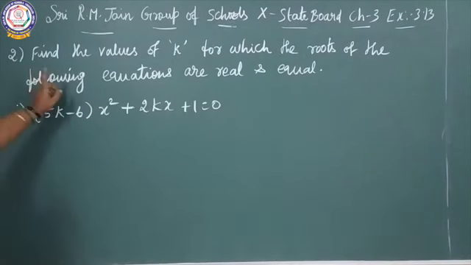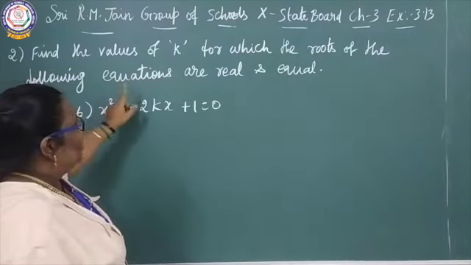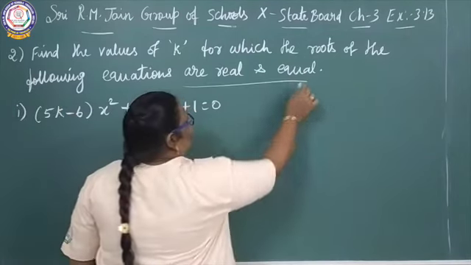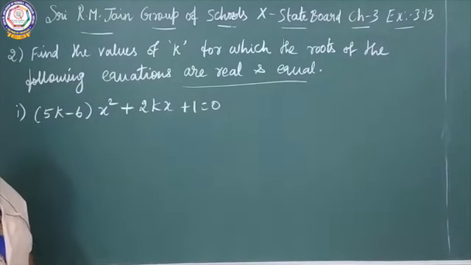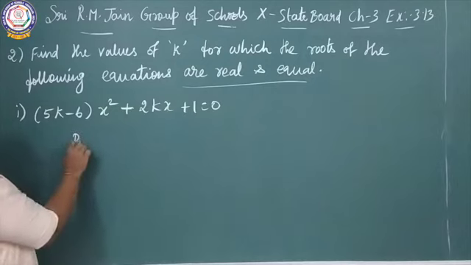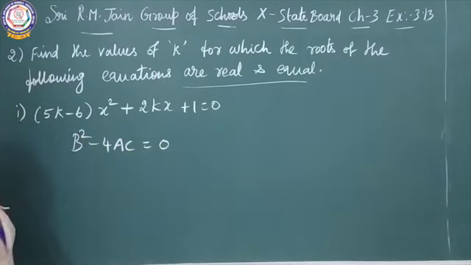See, find the values of k for which the roots of the following equations are real and equal. They have given us that the equation roots are real and equal. Real and equal means b square minus 4ac is equal to 0.